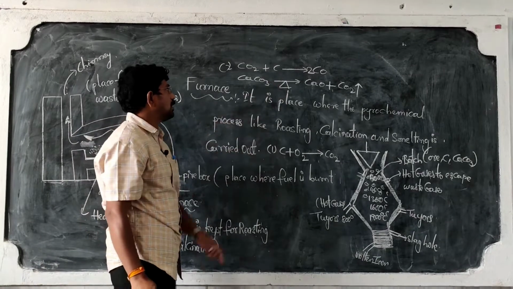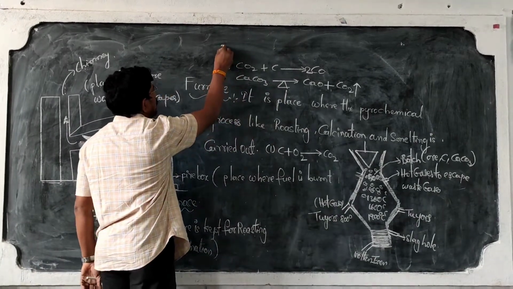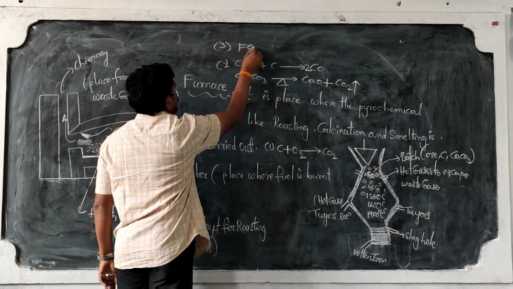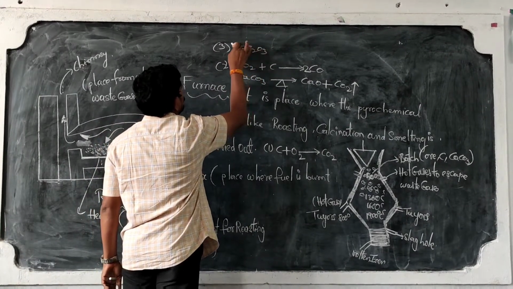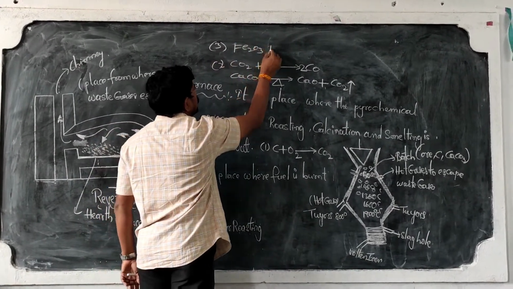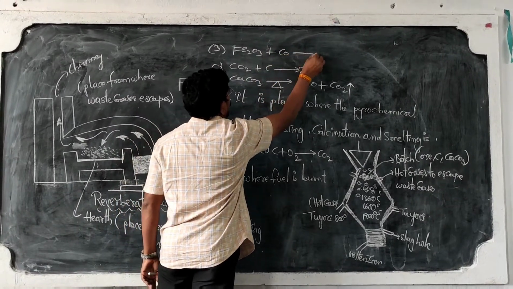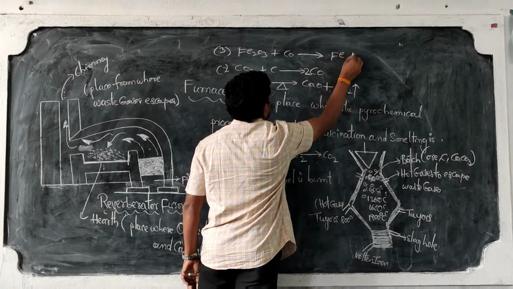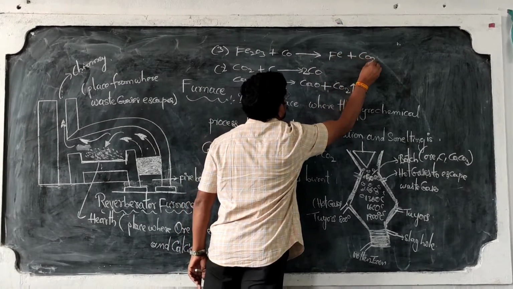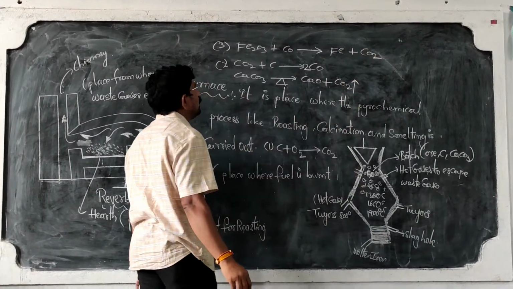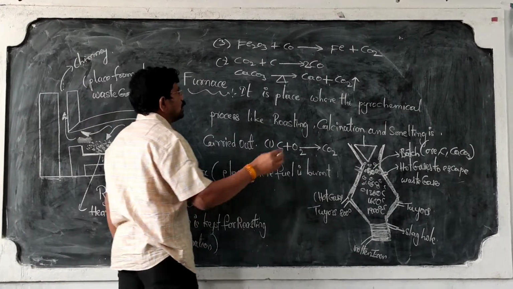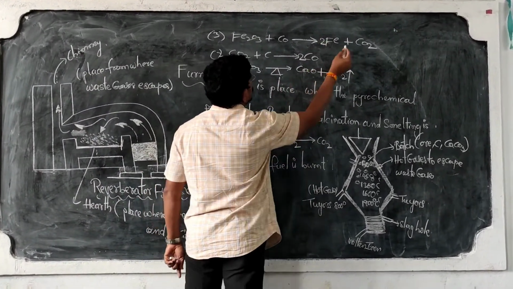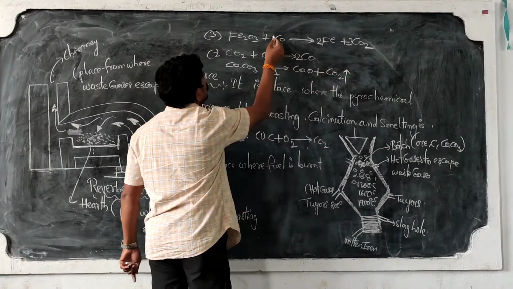After that, in the next stage, what happens? This ore, hematite, Fe2O3, reacts with carbon monoxide and gives iron in molten form plus carbon dioxide. You have to balance it: Fe2O3 + 3CO gives 2Fe + 3CO2.